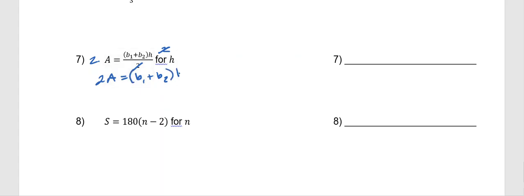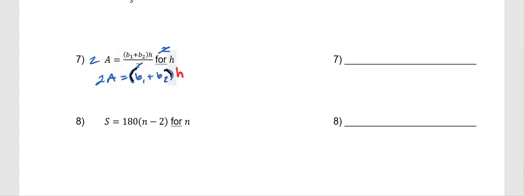I'm going to change the H to red since I know that's what we're going to solve for. From here, this might get a little confusing, but think literally: 2 times the area is equal to the product of B1 plus B2 times H. If I want to solve for H, I just have to undo the fact that H is being multiplied by all of this.